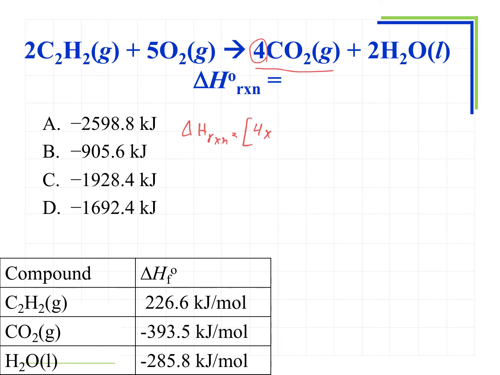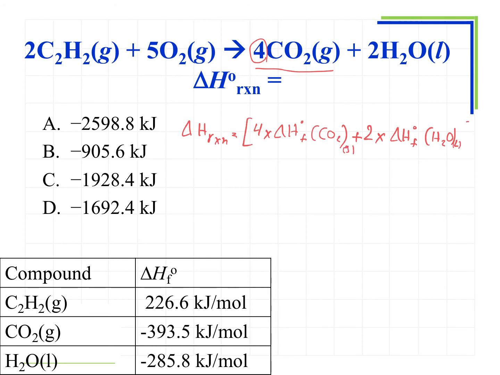So 4 times the standard delta H of formation of CO2, plus, you have to sum the products, 2 moles of the standard delta H of formation of water in liquid phase. And that's important. This is gas phase.